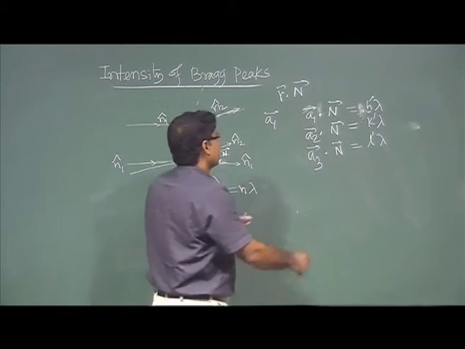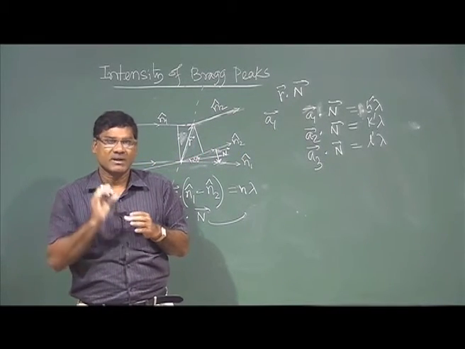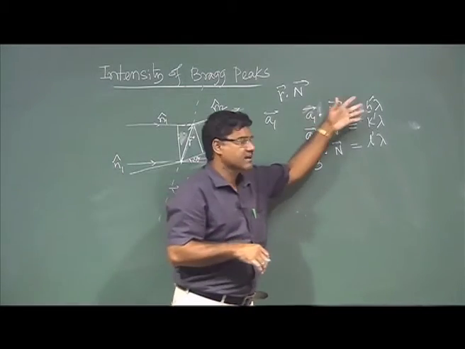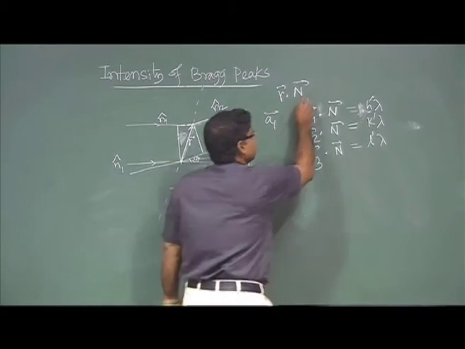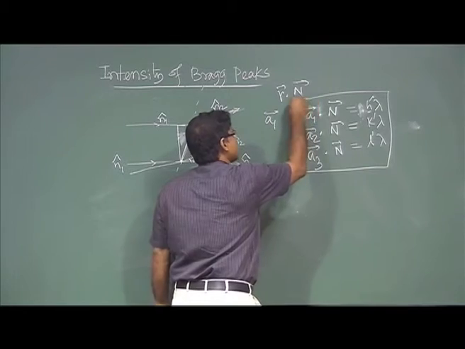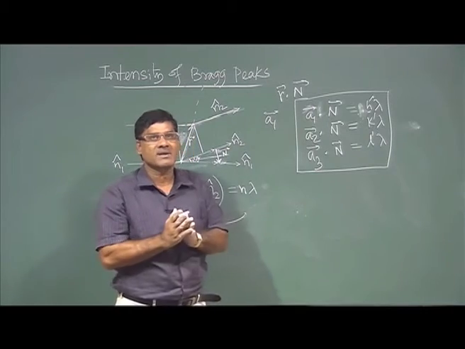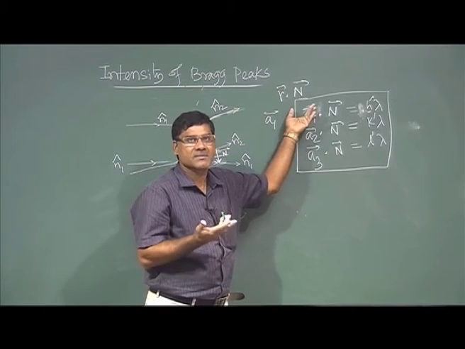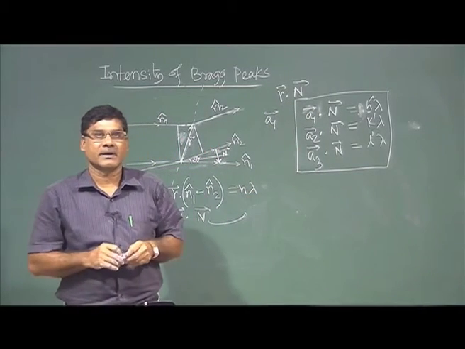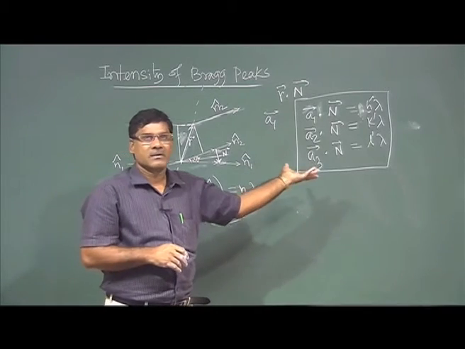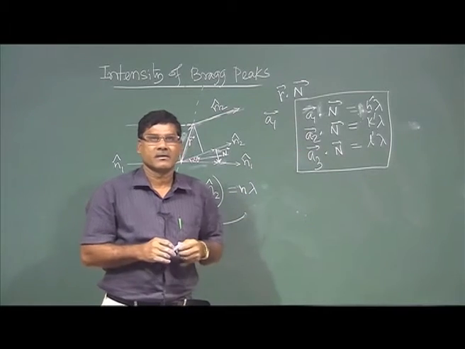Now, for 3 dimensions, I will get constructive diffraction, or a Bragg peak, when these 3 are satisfied together. If it is 2 dimensions, these 2 have to be satisfied. If it is 1 dimension, only this one has to be satisfied. For 3 dimensions, these 3 conditions have to be satisfied. Okay. So, this is similar to the Bragg condition, right. This is the condition for diffraction.